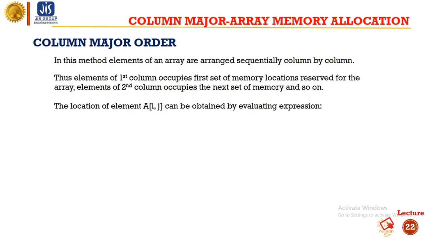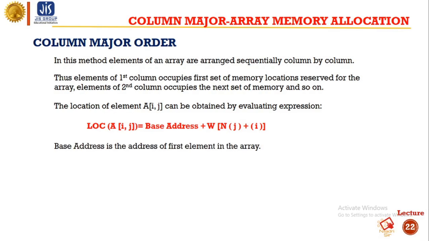The location of element aij can be obtained by evaluating the following expression: location of aij equals base address plus w times (n times j plus i). So in our previous case, row major, the formula was base address plus w times (m times i plus j). But in this case, it is w times (n times j plus i).